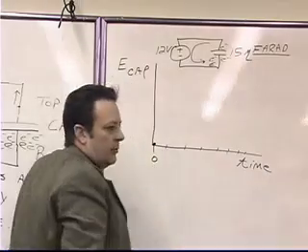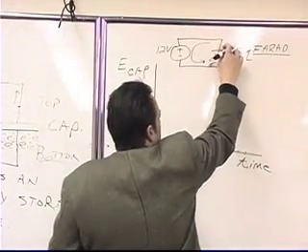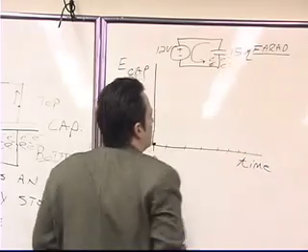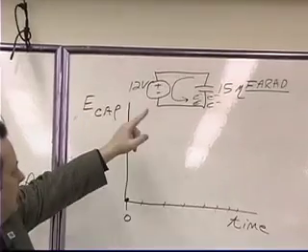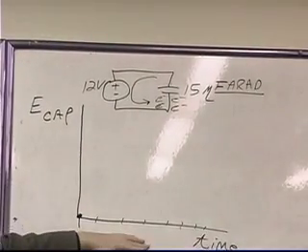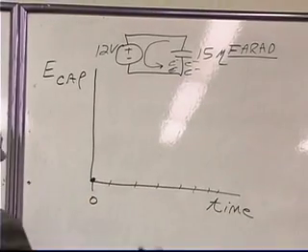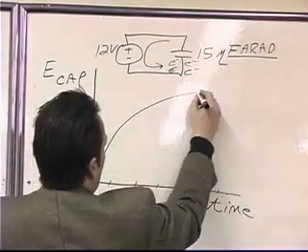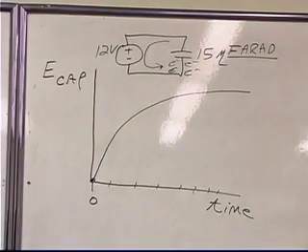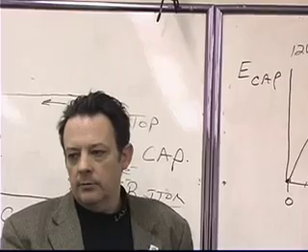In reality, that would probably be billions of electrons. And this billion of electrons moves down here. And if we look at a plot of the voltage across the capacitor versus time, which we'll actually see on the oscilloscope in the lab, what we see is a graph that looks like this. We call that an exponential curve, or an exponential charging phenomenon.